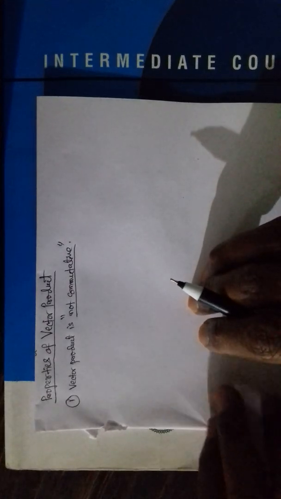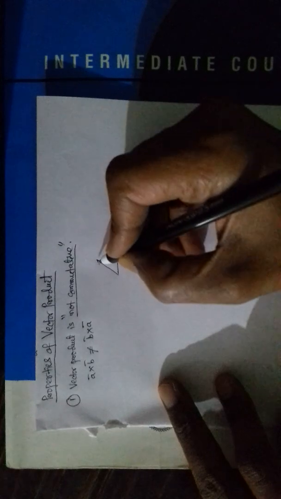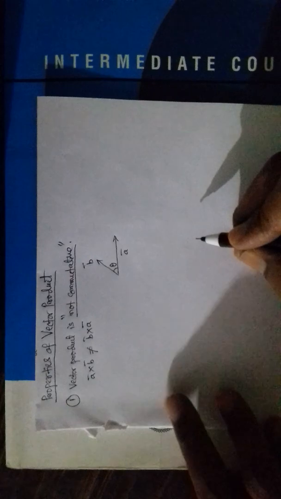Now let us consider properties of vector product. The first property is, vector product is not commutative. It means A cross B is not equal to B cross A. We can show this by a diagram. Suppose this is A vector, this is B vector, angle theta.